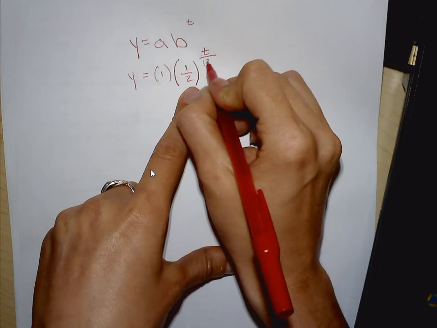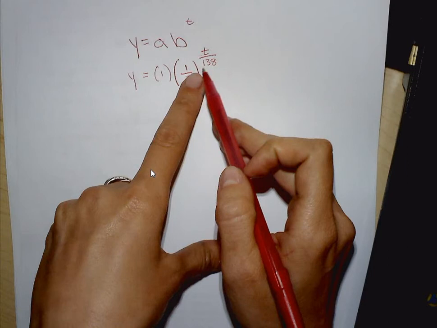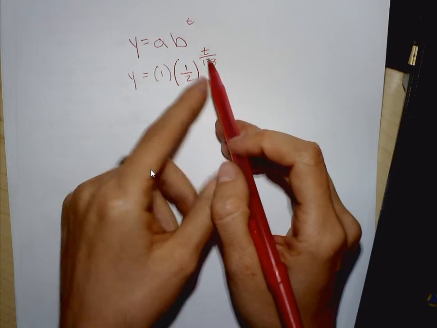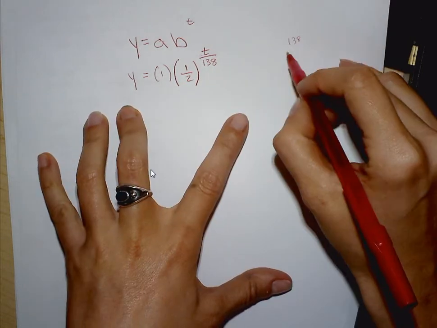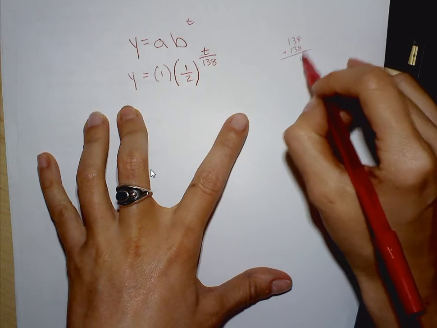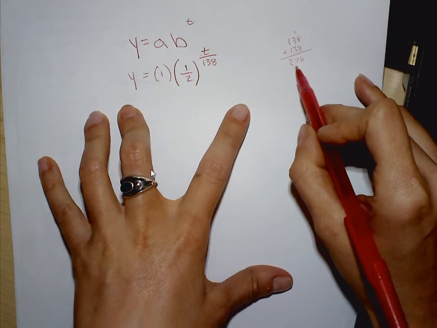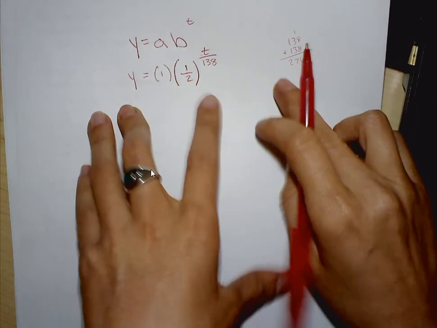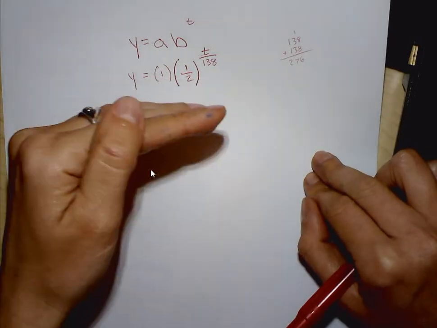Because let's say 138 plus another 138. That's 276 days that go by. That means in those 276 days, I would have halved my amount 2 times.